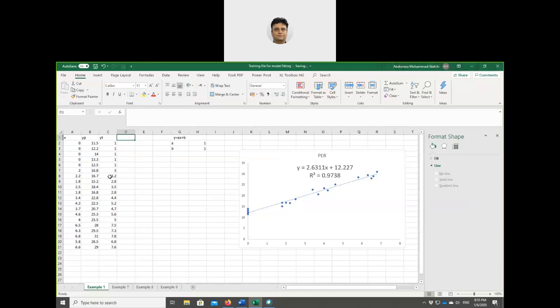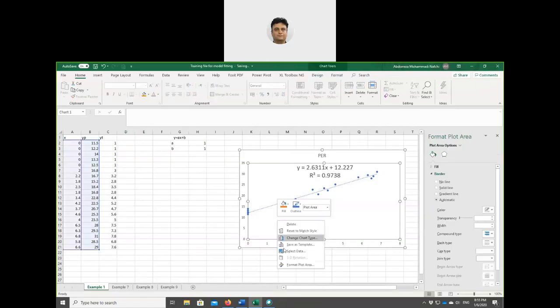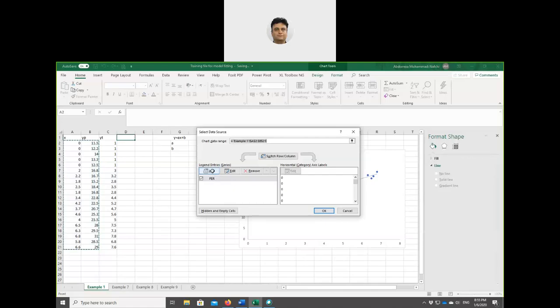Now I want to add yt to the graph also. I have yp. I right click here, select data again, and add another one.